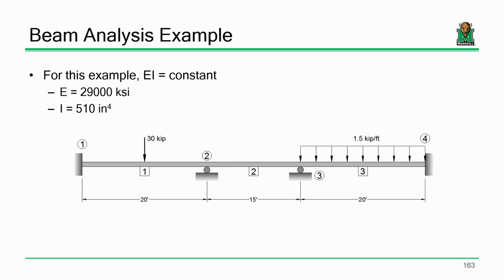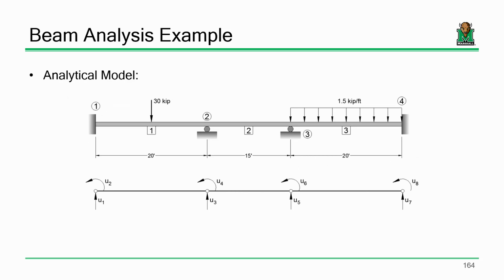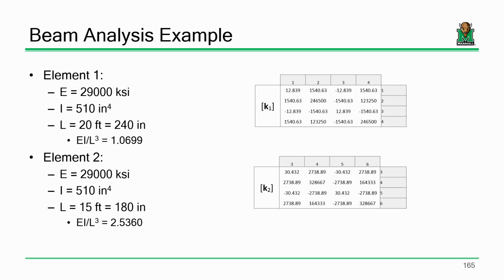Again, the process should be old hat by now. We take the element and define an analytical model, which for beams is pretty straightforward. It's pretty linear. The assembly process for beams is about the simplest one we're going to see. We have our stiffness matrices, our K matrices, for each element, making sure you're using consistent units.